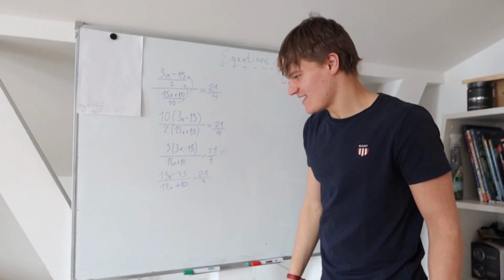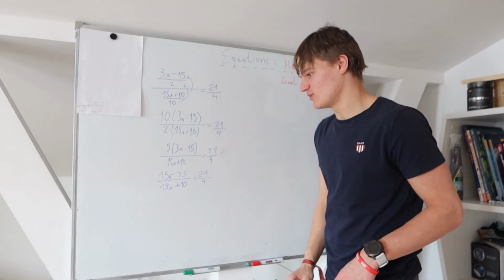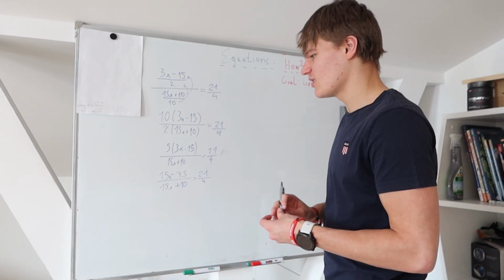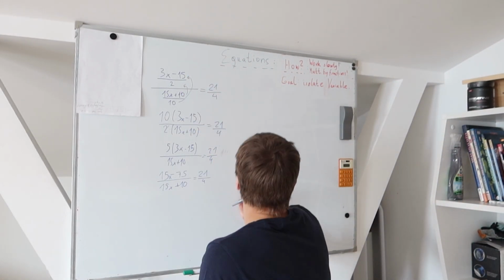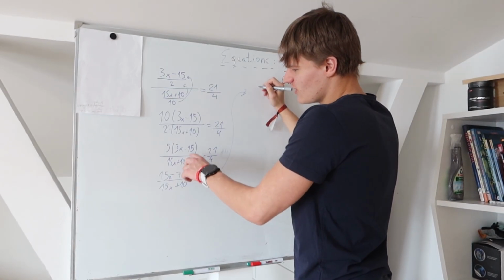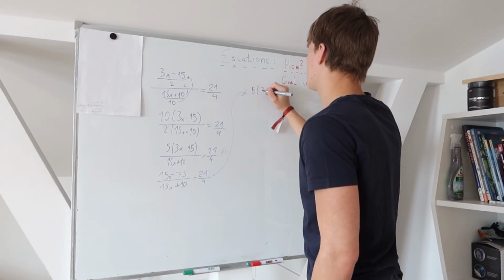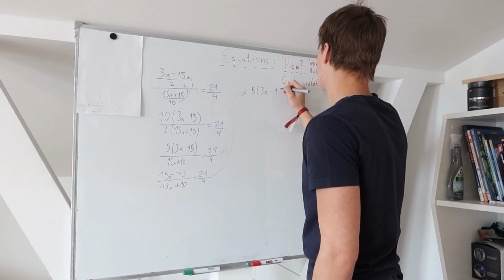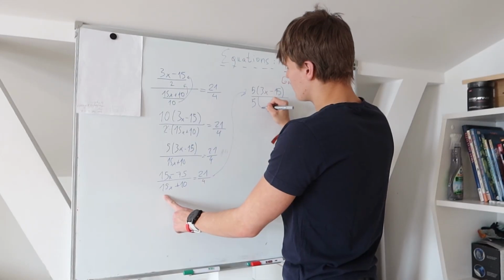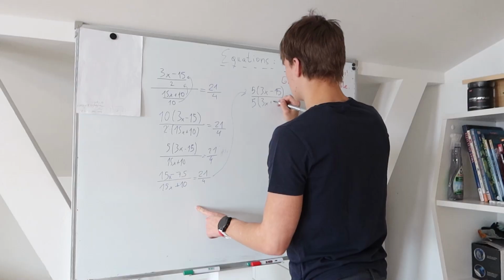Now some of you guys might say we can do some crossing out and stuff like that. That's not right, guys. Don't do that. Although, looking at this, you all are not that wrong, because what can we do? We can actually go back to this version of the multiplication. 5 times (3x minus 15) divided by taking the 5 out of this equation, (3x plus 2), right?